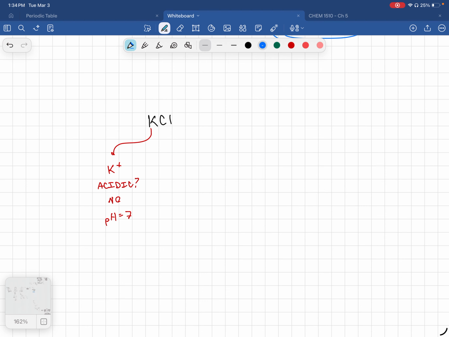It can't even donate a proton. Cl minus, is it going to be basic? Well, if you remember, it comes from the strong acid HCl, and thus no, it will not react with water to reform HCl. So pH will be equal to 7. Thus, the pH of a potassium chloride solution should just be 7.